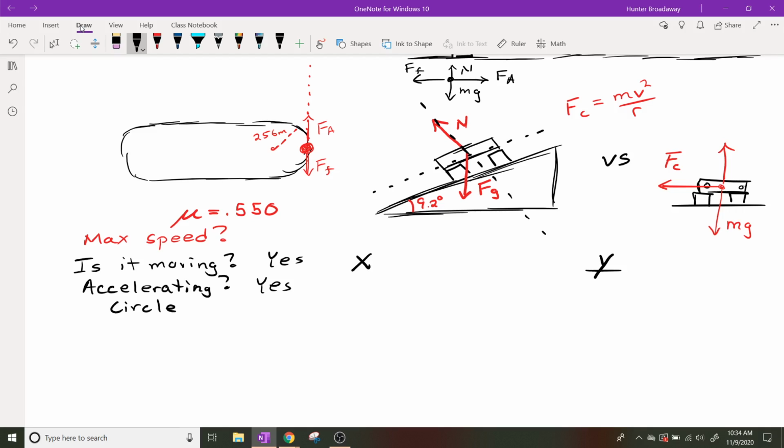There's a reason why I had to teach you guys x and y directions before we got to circles, and this is one of those reasons. So in the x direction, what forces do we have acting here? Okay, so friction, and that would be the one going which way?